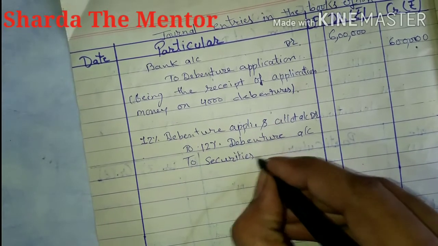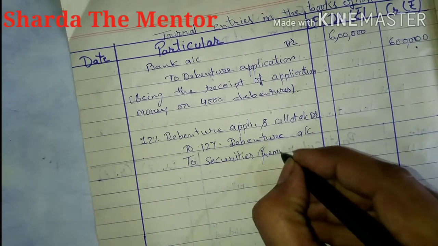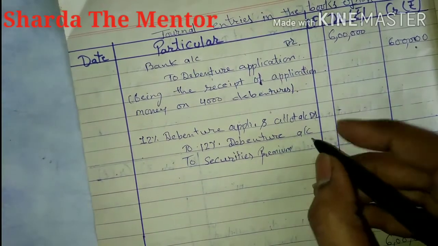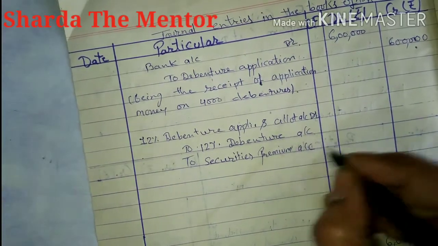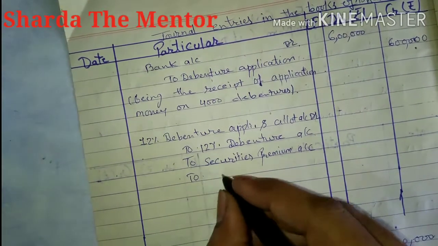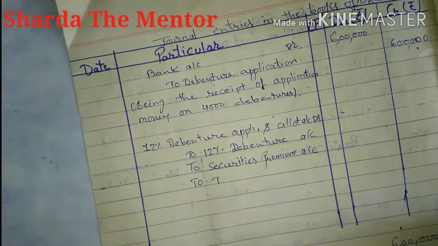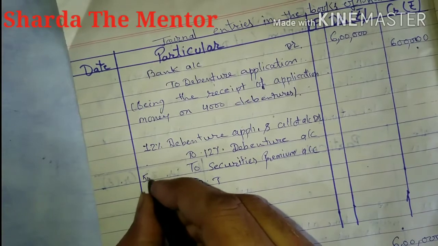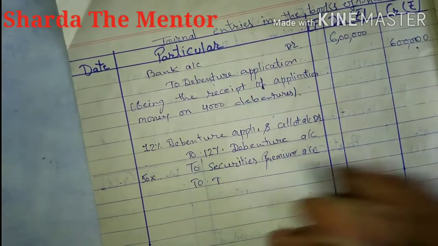So securities premium account. Then the first thing you can do: 50 rupees is the premium amount.